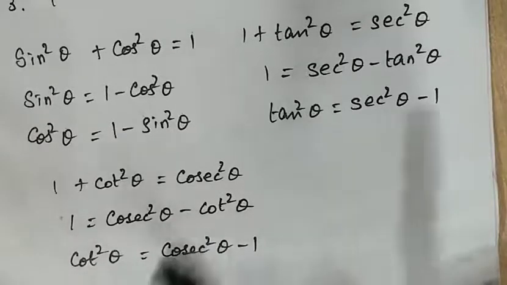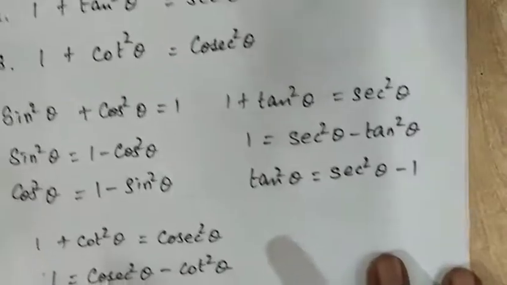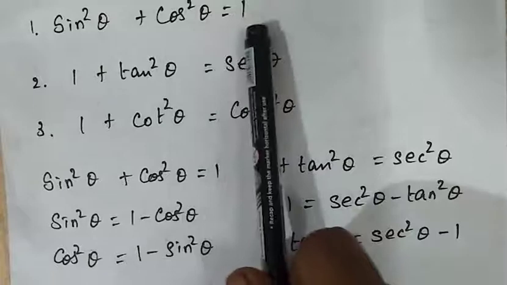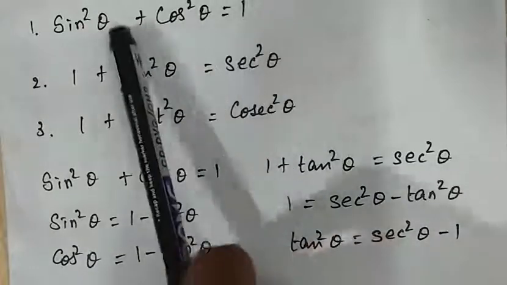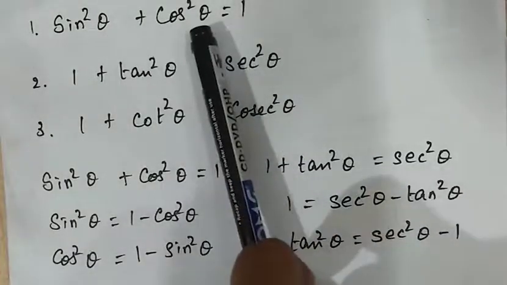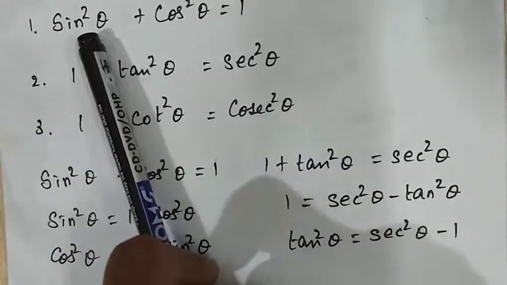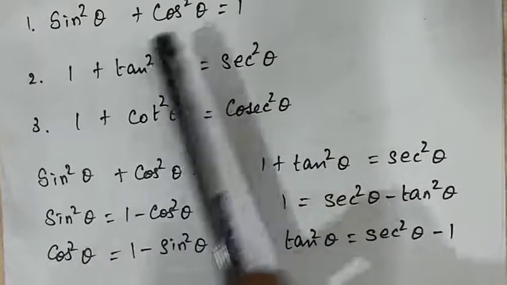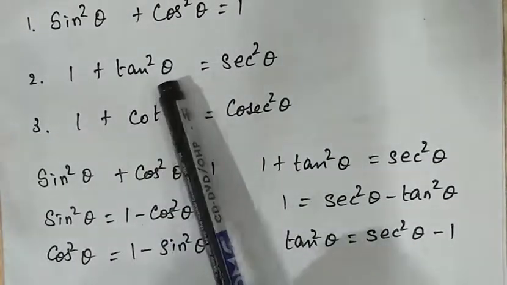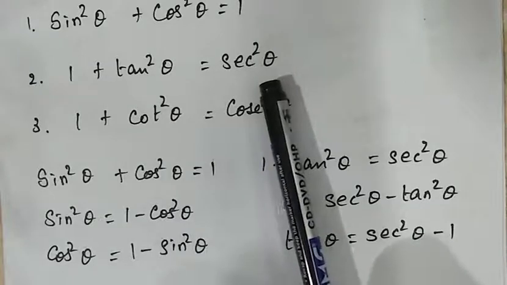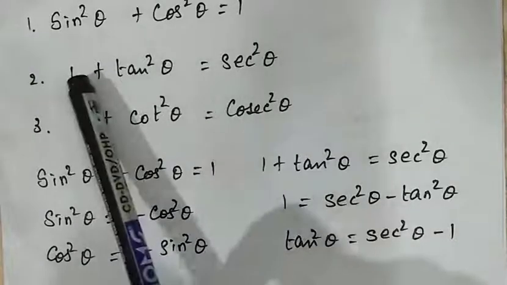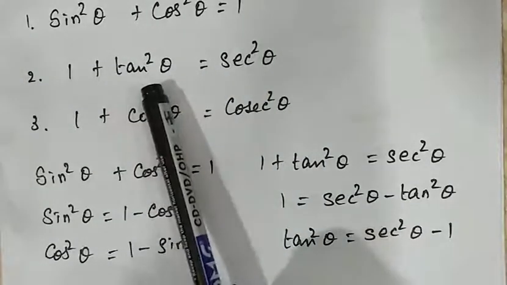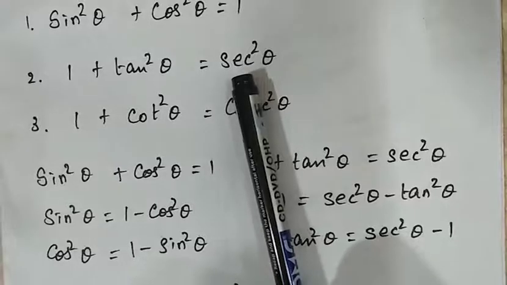Okay, from the identities, sin squared theta plus cos squared theta is equal to 1. From this we can get sin squared value and cos squared value. Sin squared theta means 1 minus cos squared theta, and cos squared theta means 1 minus sin squared theta. Same way, from 1 plus tan squared theta equal to secant squared theta, we get 1 is equal to secant squared theta minus tan squared theta, and tan squared theta is equal to secant squared theta minus 1.